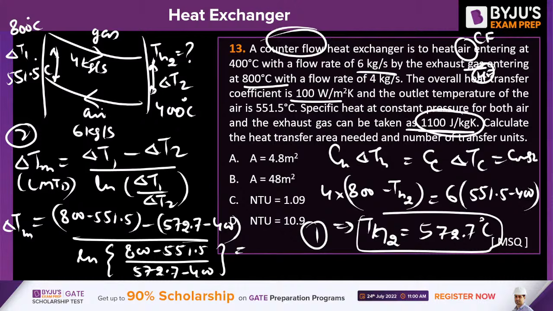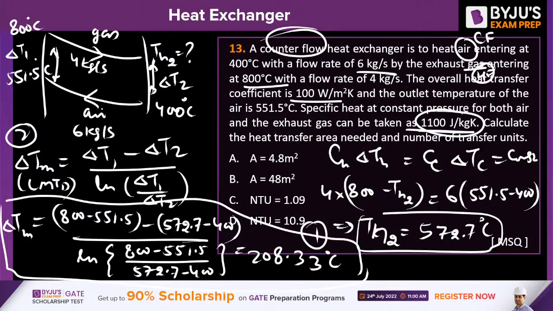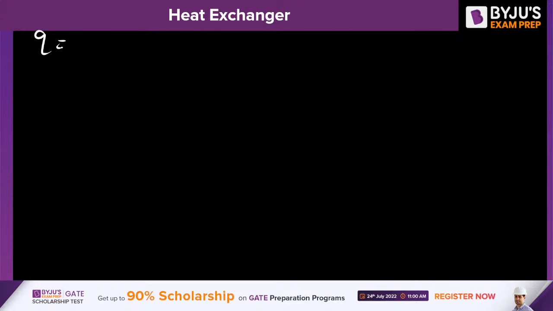LMTD will come out to be 208.33 degrees Celsius. Please do let me know if you are getting the LMTD matching with my value or not. And now when we get these, then we can use the analysis of the heat exchanger: U into delta Tm is equal to Ch into delta Th or Cc into delta Tc.